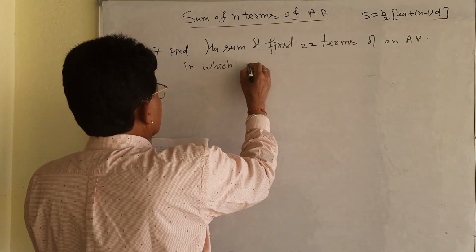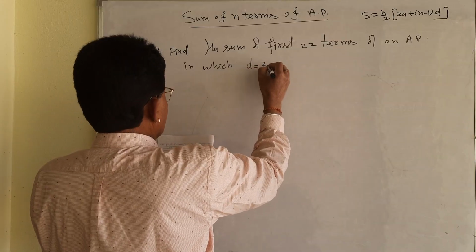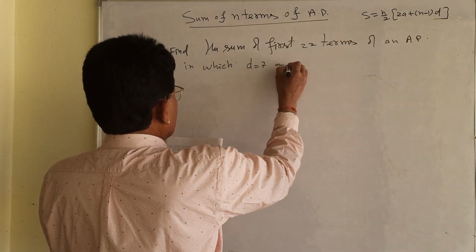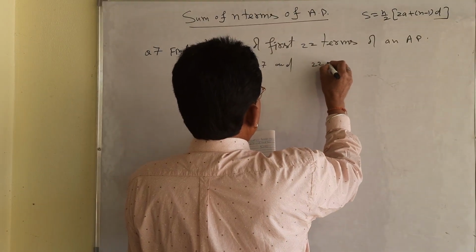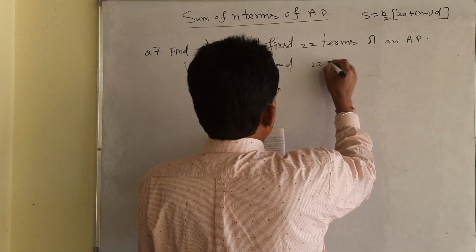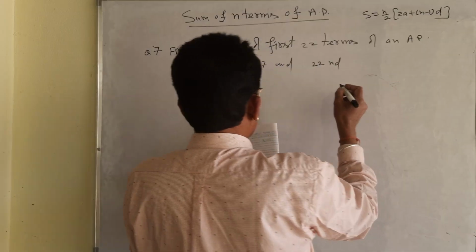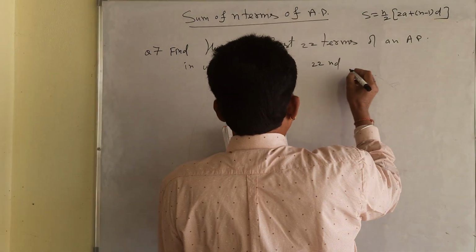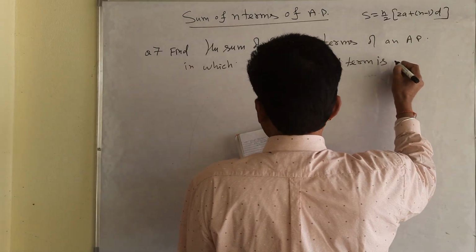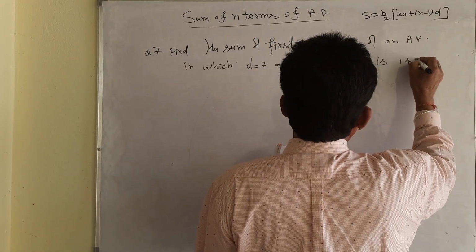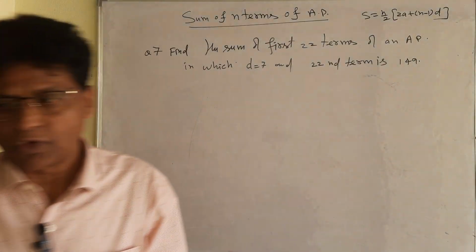In which d is equal to 7, and see carefully, d is equal to 7 and the 22nd term is 149, if I am not wrong.